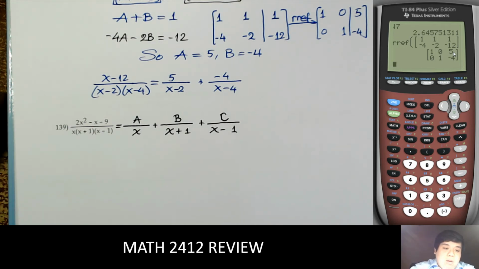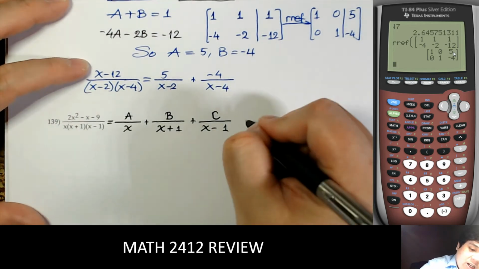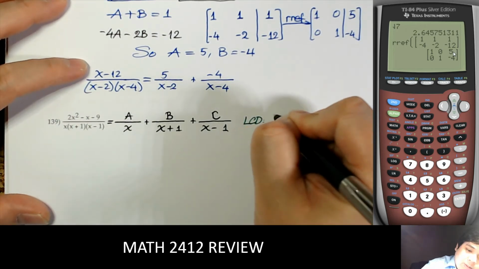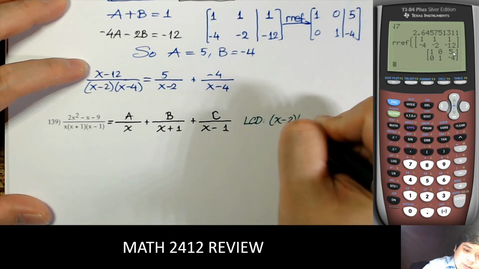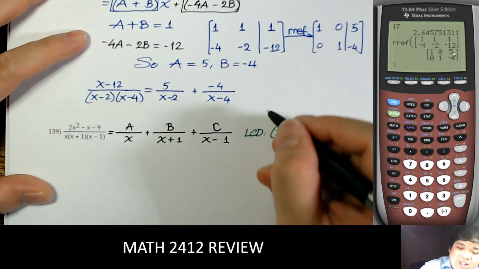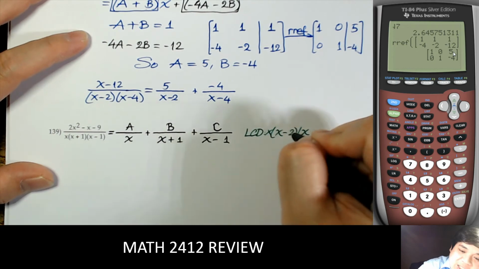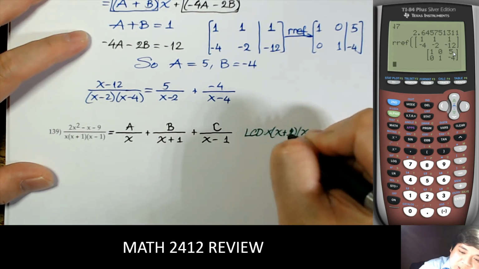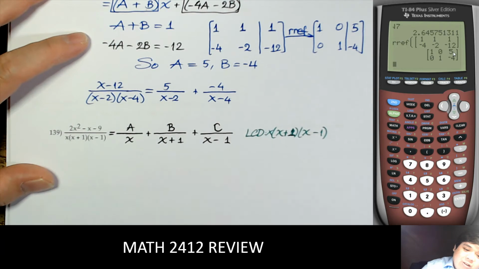Anyway, multiply by the least common denominator. It's going to be x, x plus 1, x minus 1.